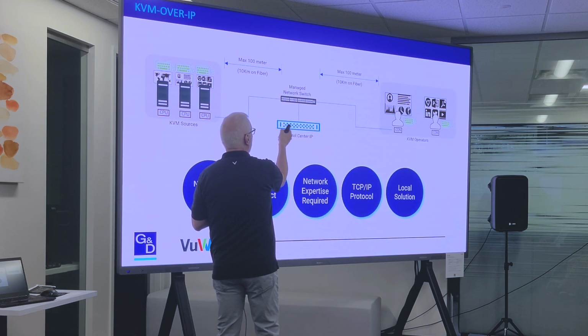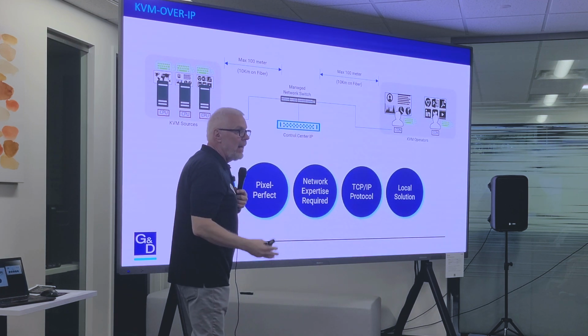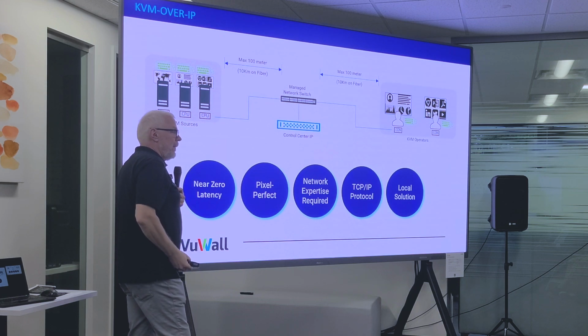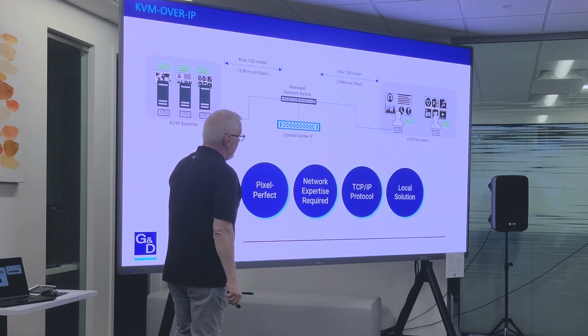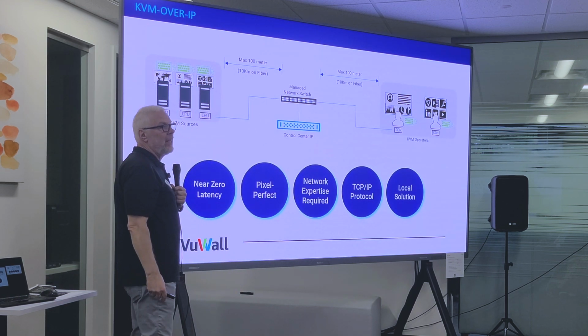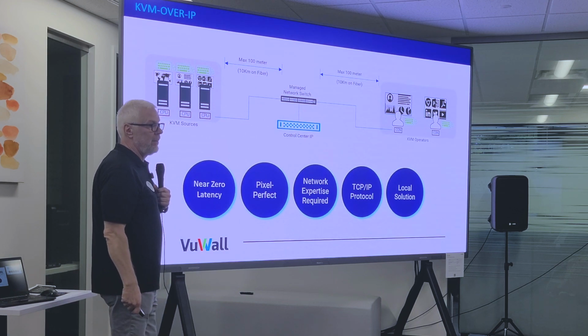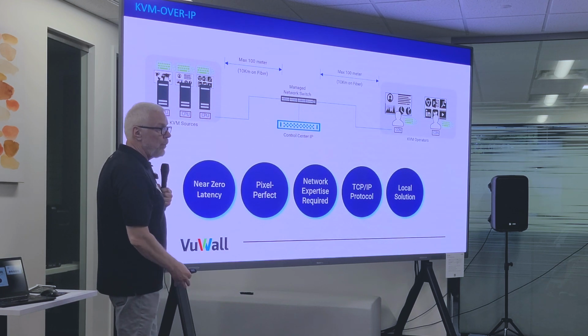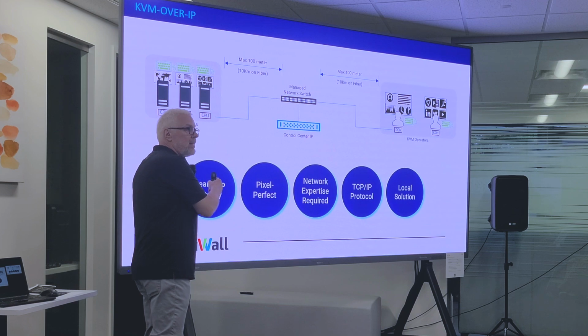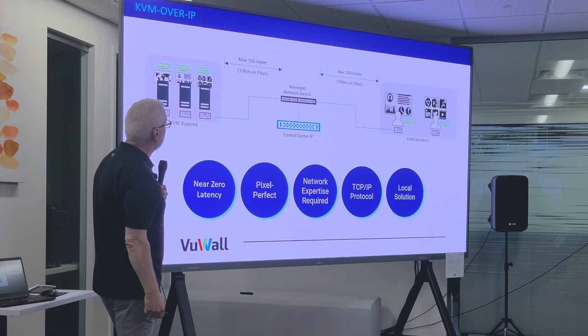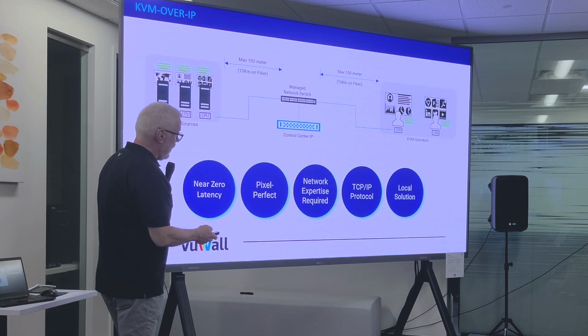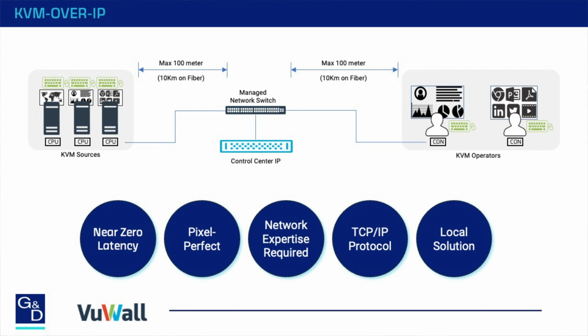You can just connect all the cables on the network switch, and it will work. That said, you still need networking expertise to deploy this kind of system. But in terms of performance, it's exactly the same as the other system. Again, because of the high bandwidth of the transmission, this type of system is also limited to local deployments at the building level or a campus level.